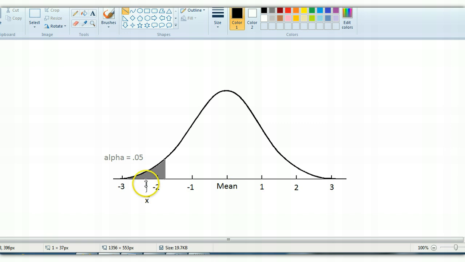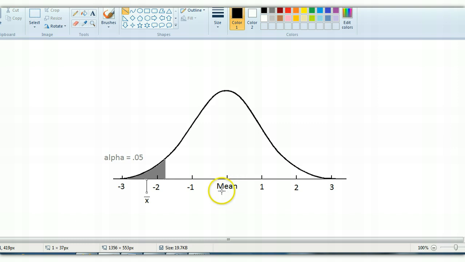What it's saying is, under the assumption that this is true, for me to get a sample this far away from that claim, there's only a 5% chance or less that I would end up in this region. So that's when we reject this. If our sample mean, or again if it were a proportion, were to fall in this shaded region on the number line, then we reject this claim.